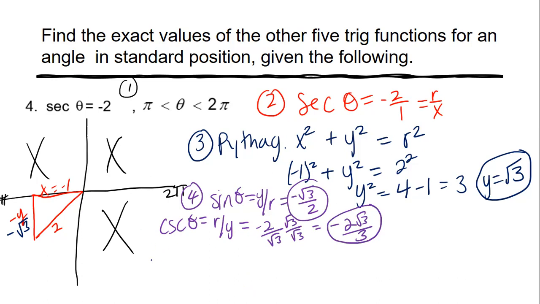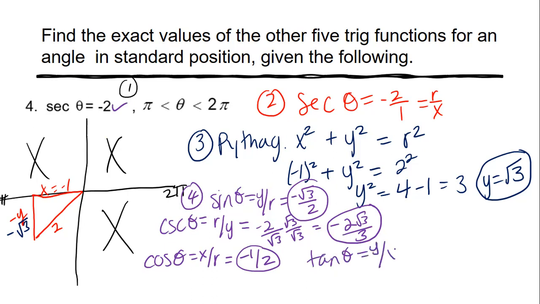Now we're going to do cosine theta. Cosine theta is x over r, so we have -1 over 2. There's our third one. Secant theta we already have. There's four. Now we have tan theta. Tan theta is y over x. Our y is negative square root of 3 and our x is -1.